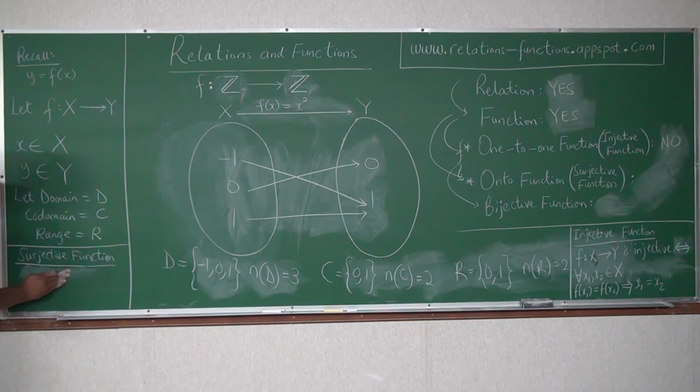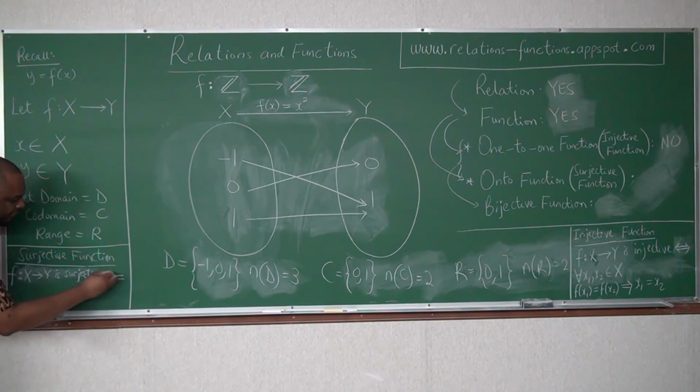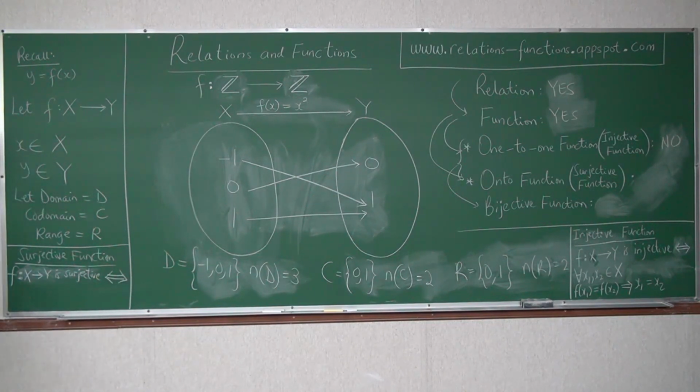A function, and like I said, what I'm writing now is in my notes, okay? A function f from X to Y is surjective if and only if for all y, because this is on 2.